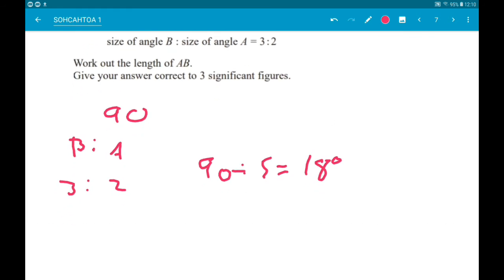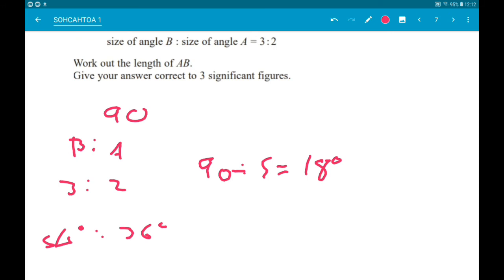Then we multiply each side of the ratio by 18. 3 times 18 is 54. 2 times 18 is 36. So angle B is 54 degrees, angle A is 36 degrees.